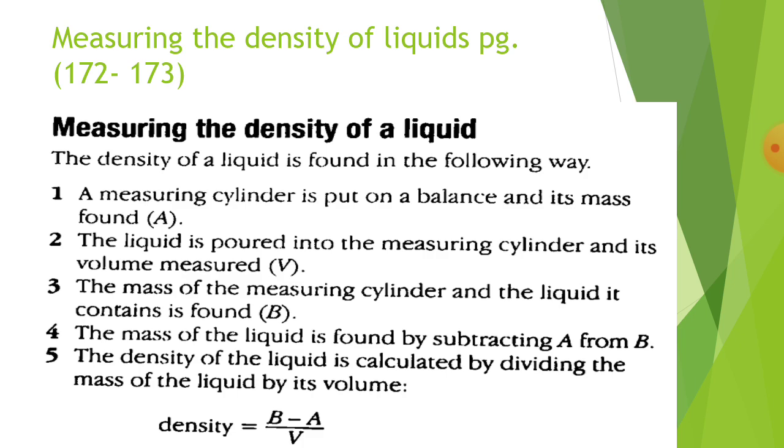This is just like measuring the volume. The mass of the measuring cylinder and the liquid it contains is found by placing it back on the scale, call it B. The mass of the liquid is found by subtracting A from B. The density of the liquid is calculated by dividing the mass of the liquid by its volume.